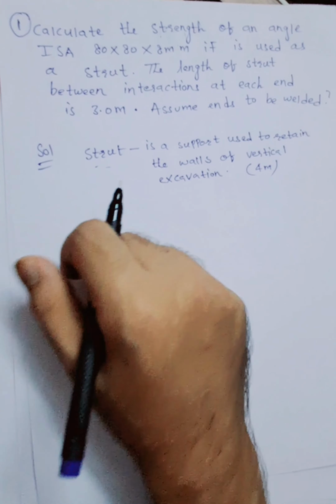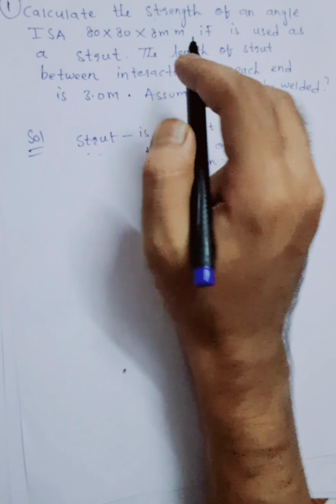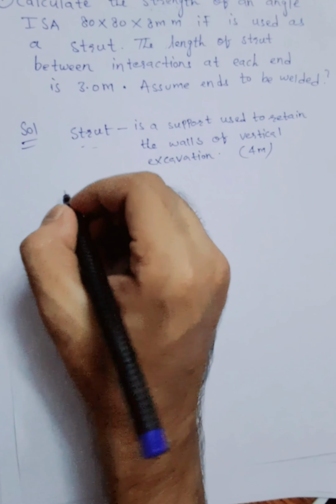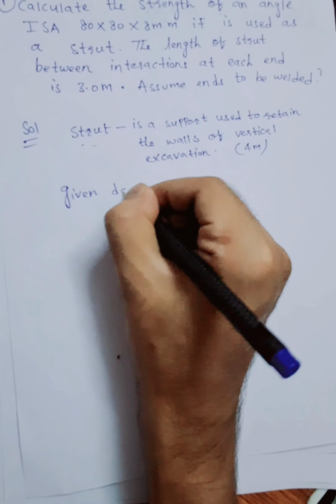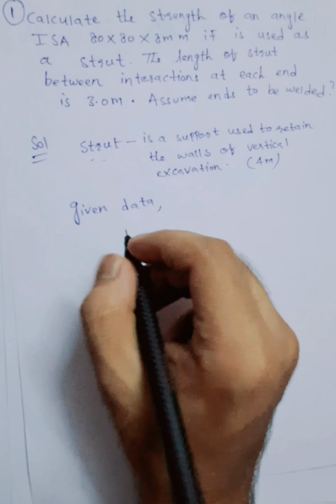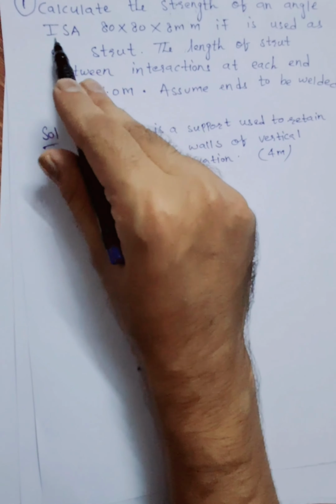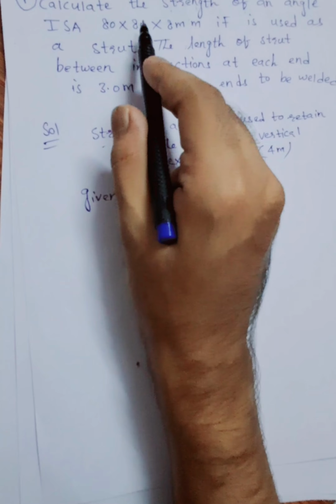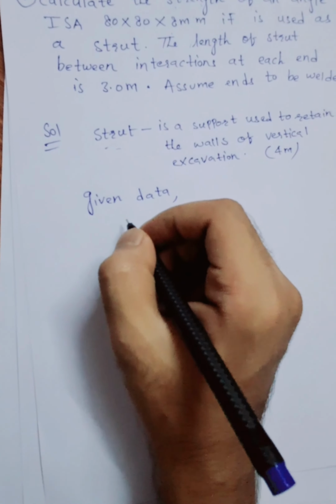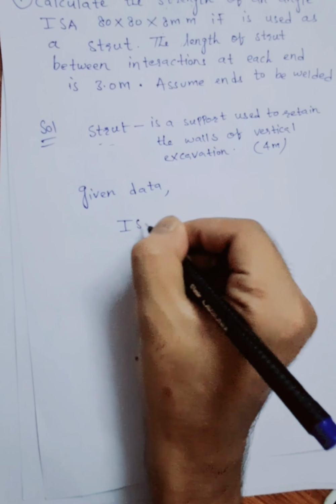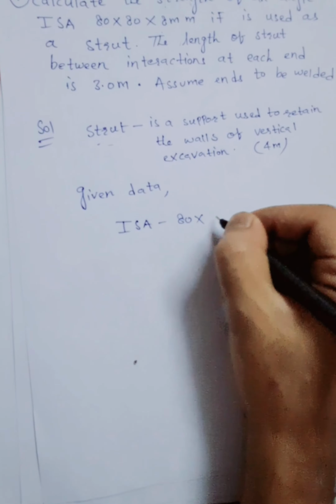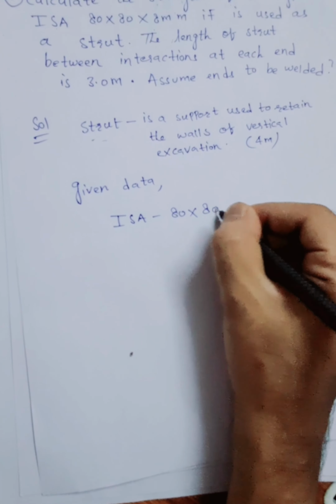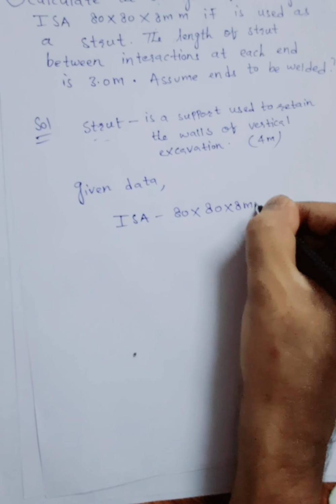Okay, so let's move towards the problem now. First of all, as I said, always after seeing the problem write the given data. So the given data in the problem: it is given the ISA, Indian Standard Angle, 80 by 80 by 8 mm. So I will write it down here. ISA 80 by 80 by 8 mm.